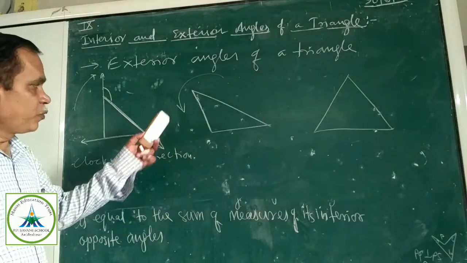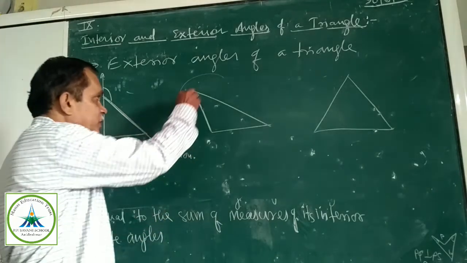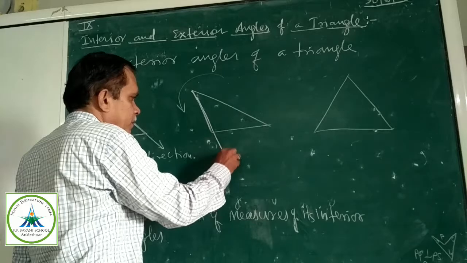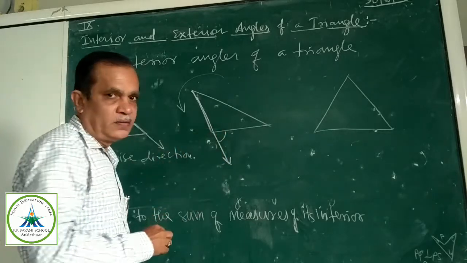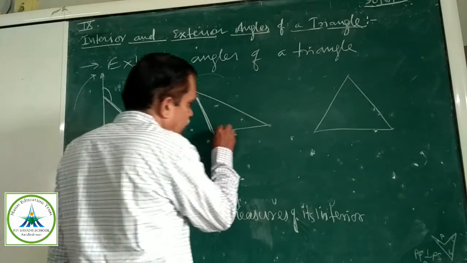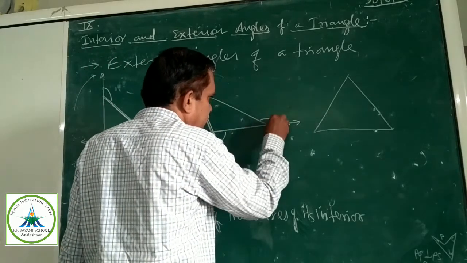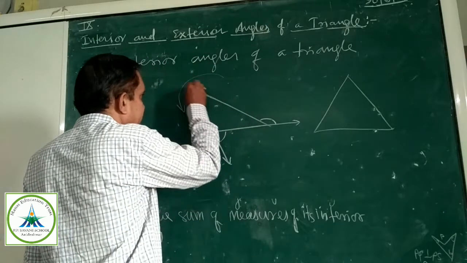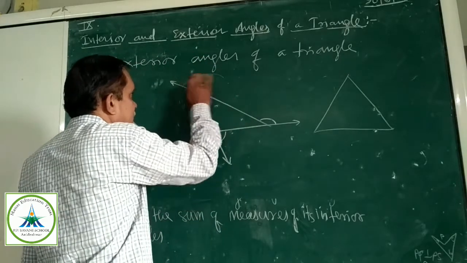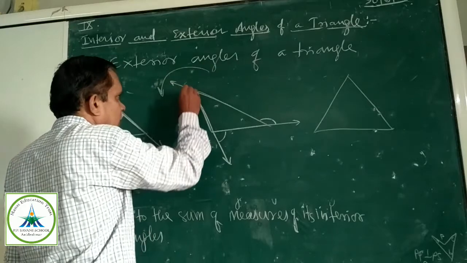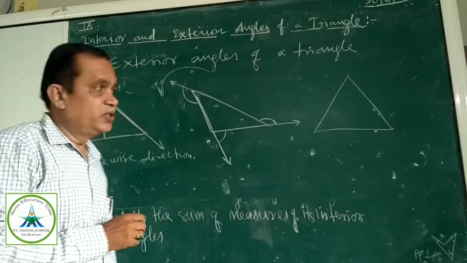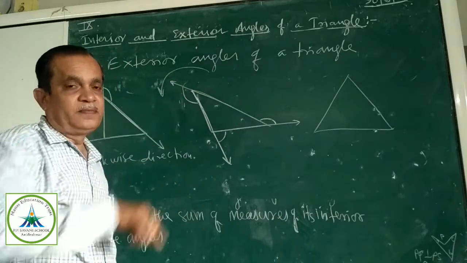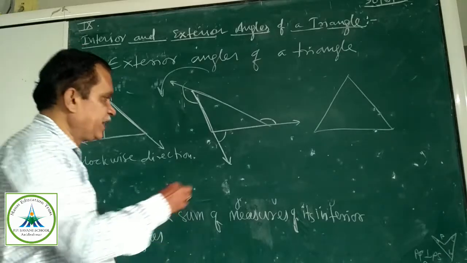Now if I produce in the other direction, suppose this way, I got this angle. Then similarly, I have to produce this way. I got the second angle. I have to produce this way. I got this angle. See, this is anti-clockwise direction.